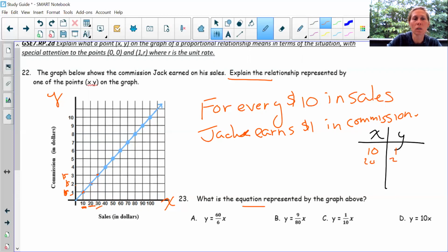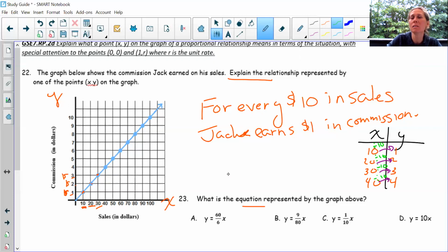X is 30, Y is 3. X is 40, Y is 4. What are you doing every time to X to get the Y? It's going down. What am I doing to 10 to get 1? 20 to get 2, 30 to get 3. I'm dividing by 10.